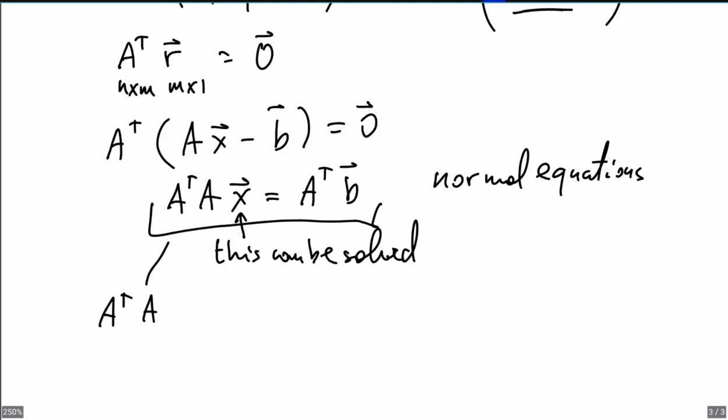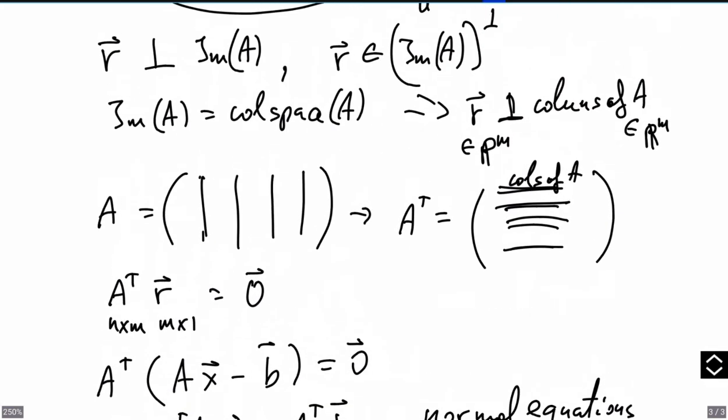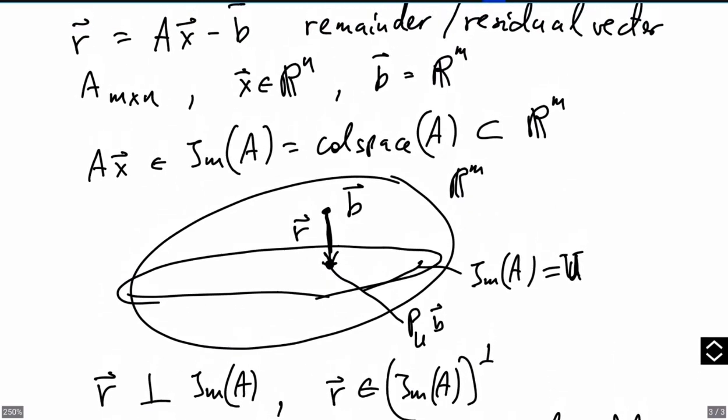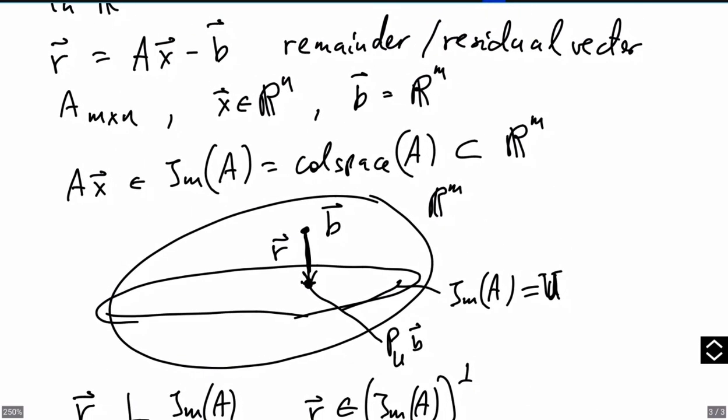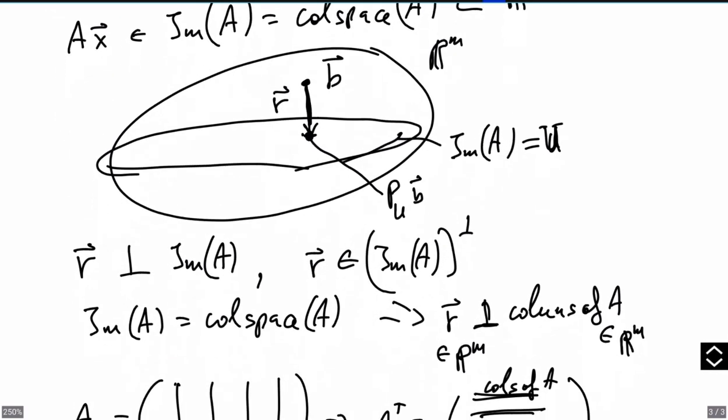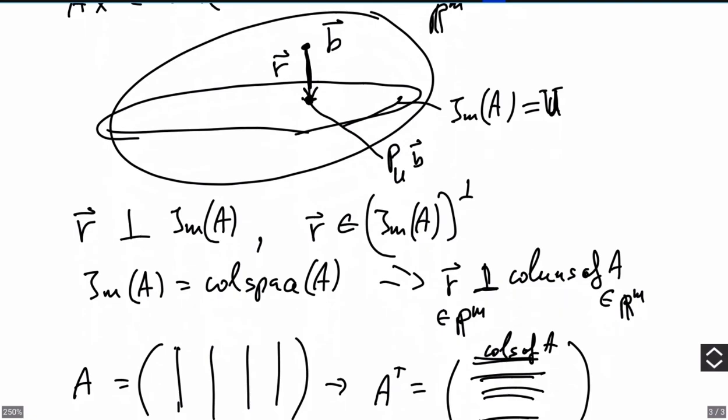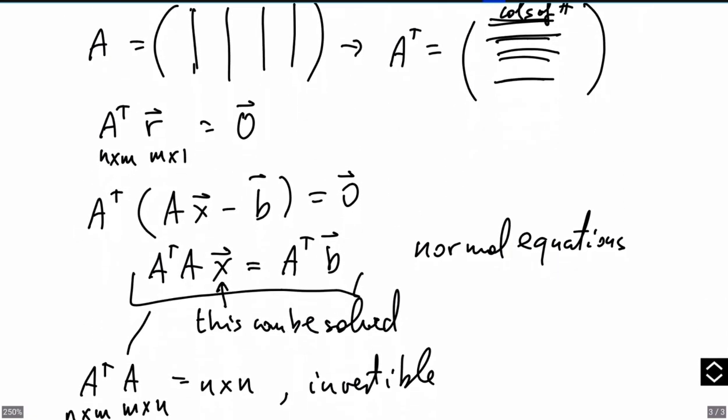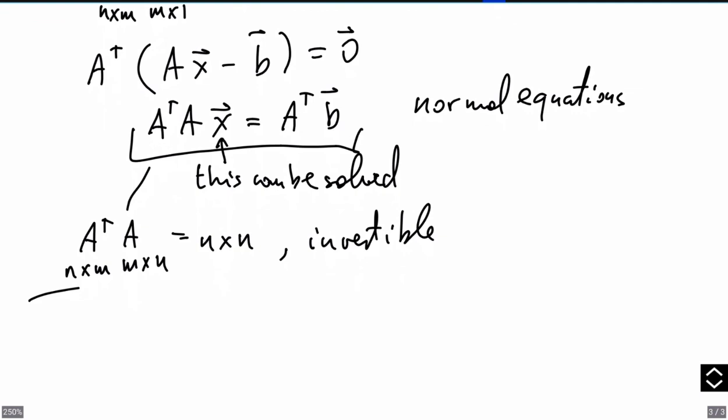A transpose A is, originally we had A transpose as n by m, and A is m by n, so this is an n by n matrix. This is now a square matrix, and actually it's also invertible. So this was derived using the idea of this minimization technique, but you don't really see the projection explicitly. It ends up being just solving a linear system.